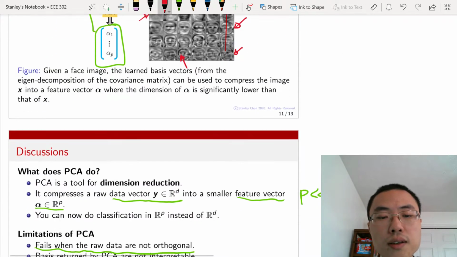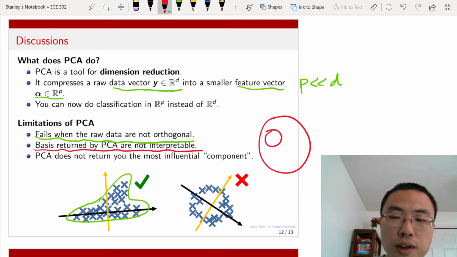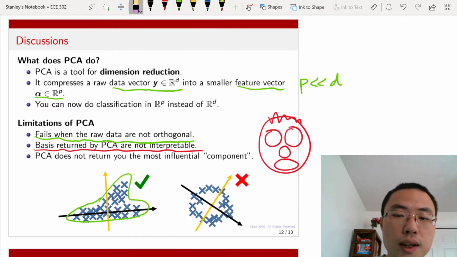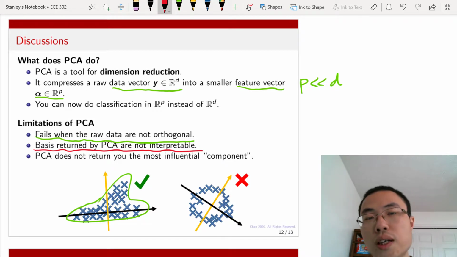It's unlike other techniques where you can say that here is an image, and you have the eyes here, and then there's a nose here, and then there's a mouth here, and then there is hair over here. It's not like that kind of decomposition. And so the PCA actually returns you something that's purely data driven.